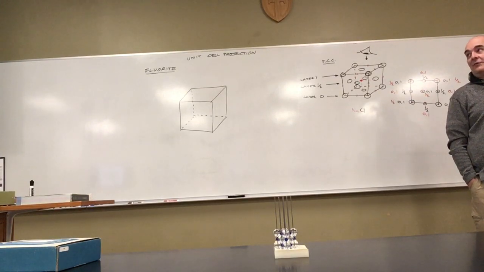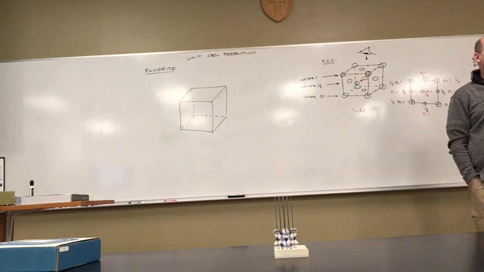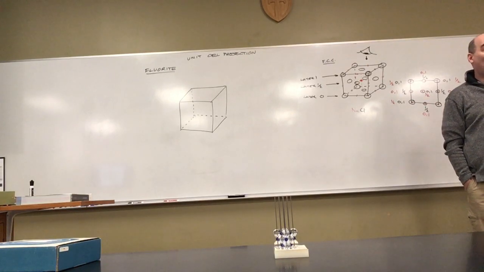See, the calciums are on every corner of the cube, therefore this is a cube. Where else are the calciums? They're on the faces. They're at the center of the faces of the cube.